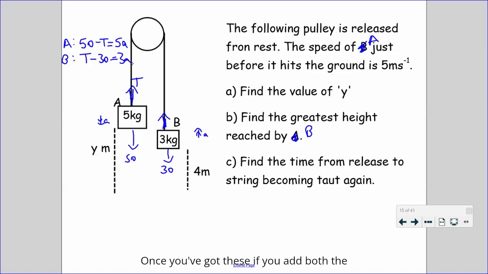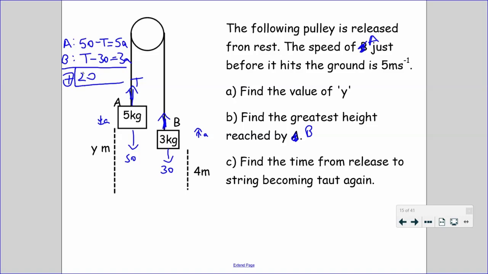Once you've got these, if you add both the equations, it will get rid of the T. We're adding both equations simultaneously. You can do simultaneous or any other method, you'll get the same answer. So 50 plus minus 30 is 20.